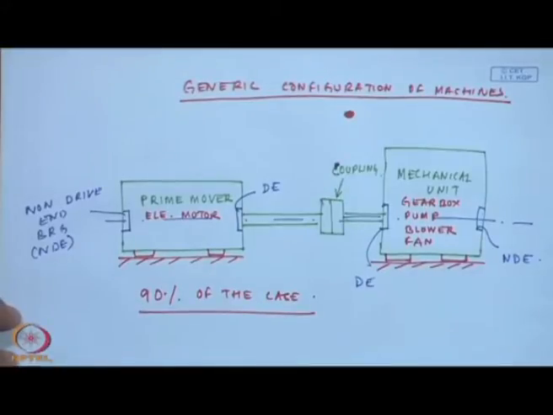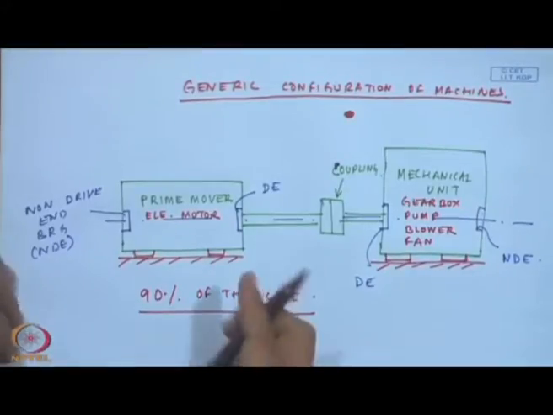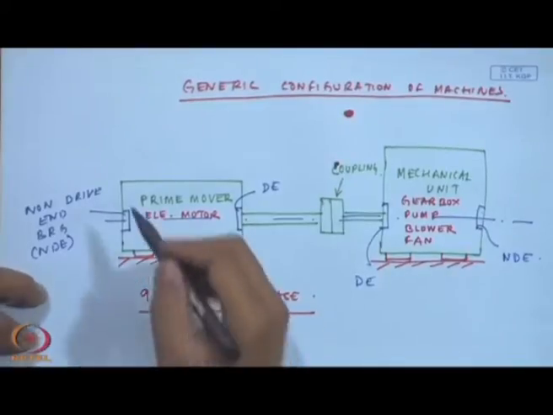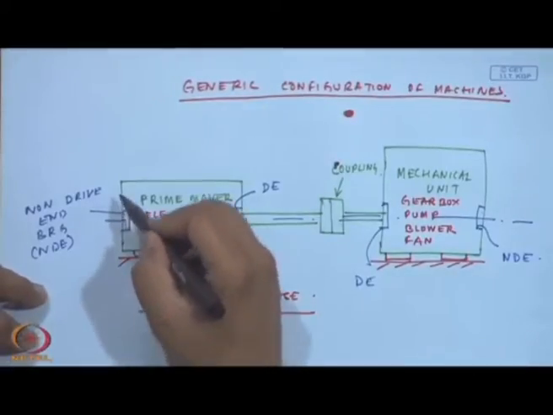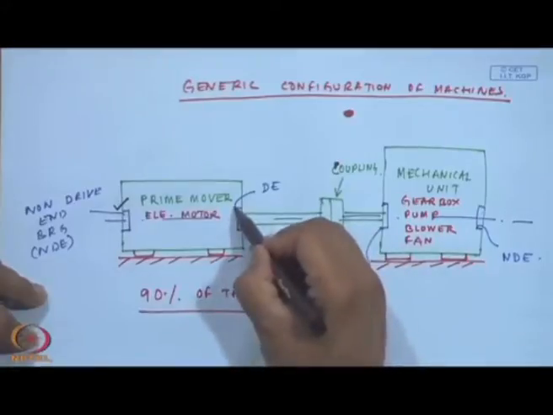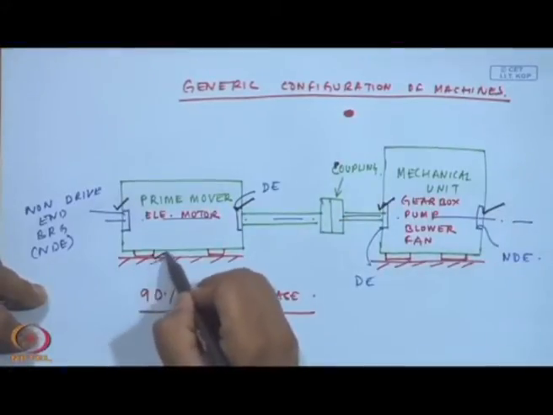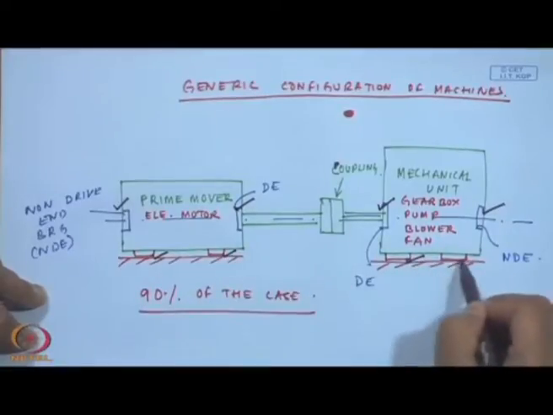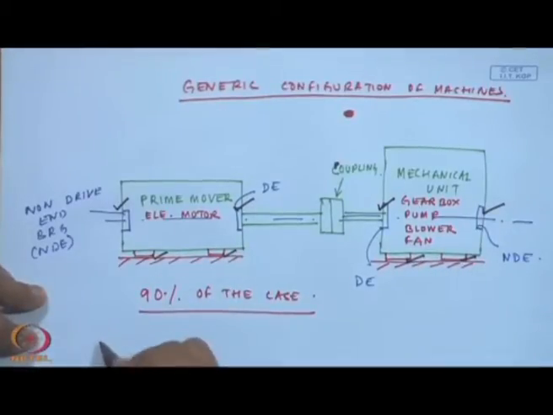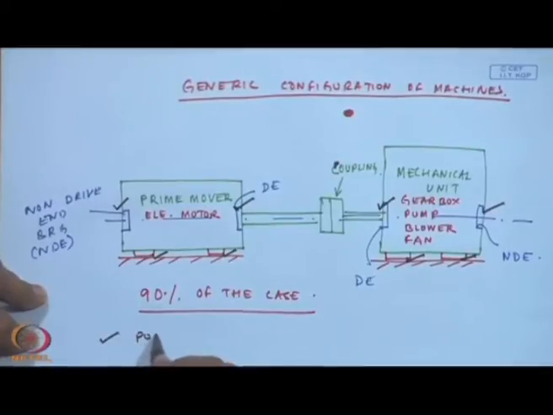I will mark the ideal locations of the accelerometers. Accelerometers should be kept close to this location, close to this location, close to this location, close to this location, sometimes close to the foundations. These are the typical positions of accelerometers.